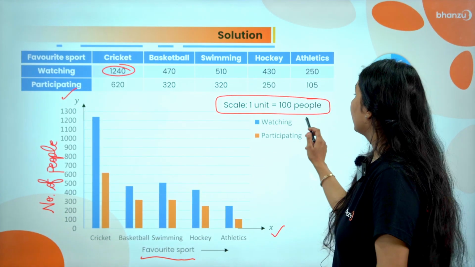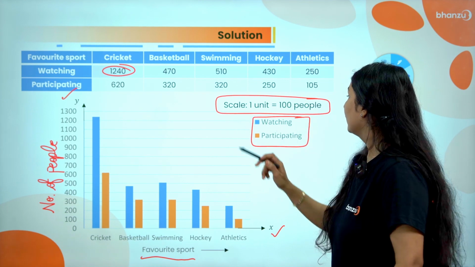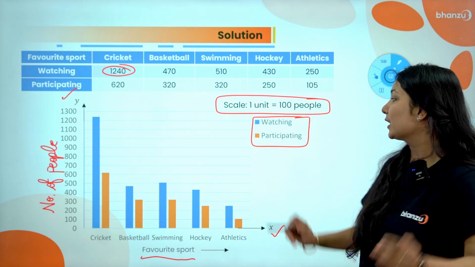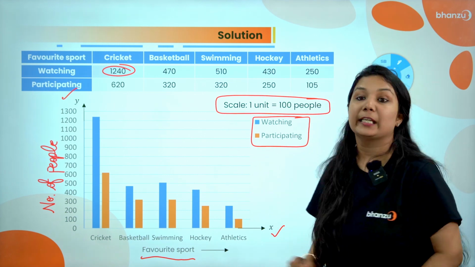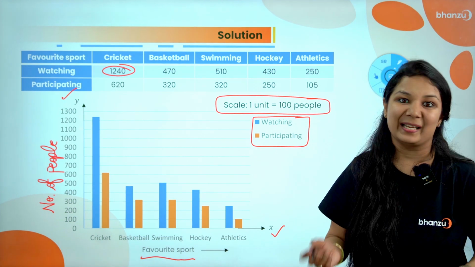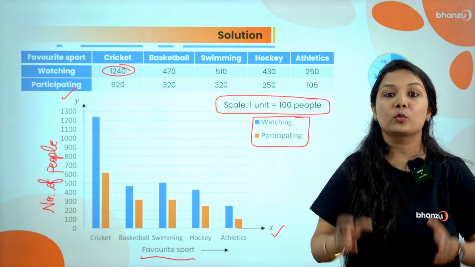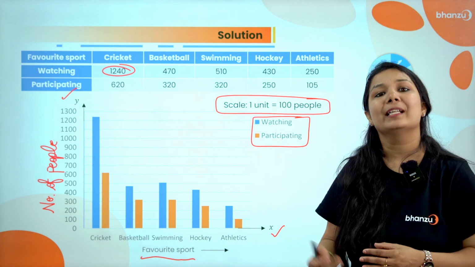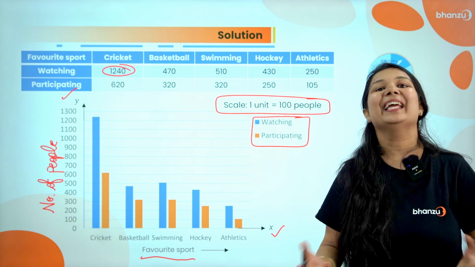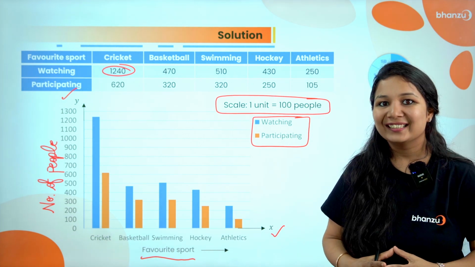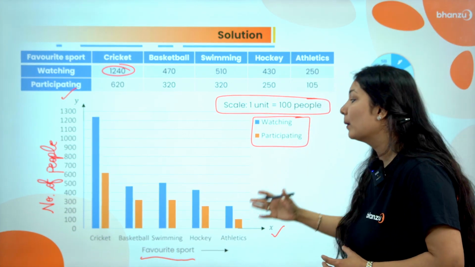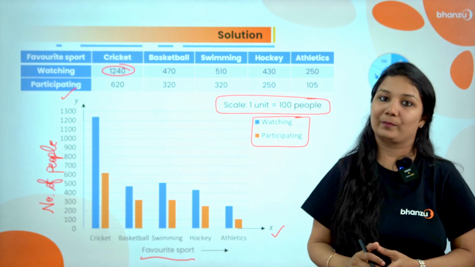And always give different icons for them. So watching we are showing in blue color, participating in orange color. If you are using a pencil and a scale, you can either use pencil colors or you can use one as a shaded one and the other one is just drawn plain. Right? So this is how we draw a double bar graph and this is how it looks.